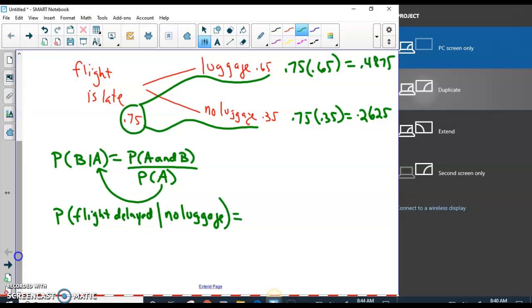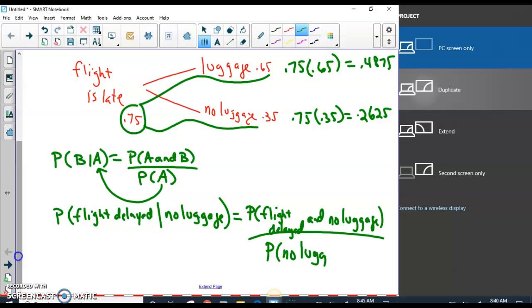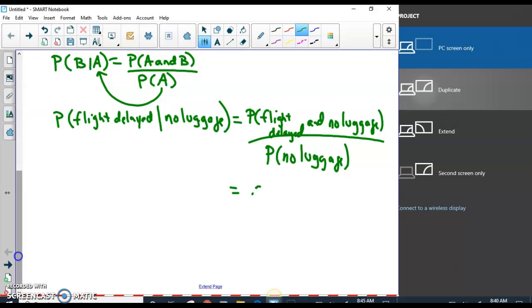So this will be equal to the probability that the flight is delayed and no luggage, divided by the probability of no luggage. In my tree diagram, the probability that the flight is delayed and no luggage is my bottom one, which is 0.2625. And for the probability that there is no luggage, I actually need to add together two of them.